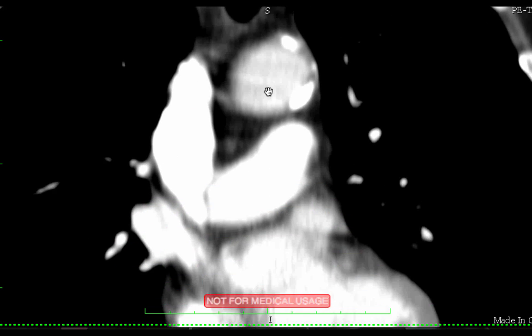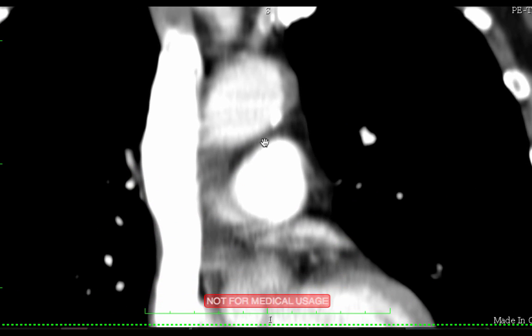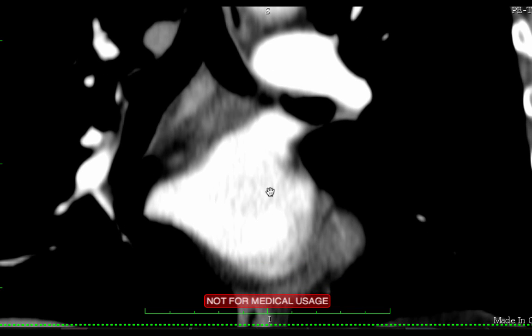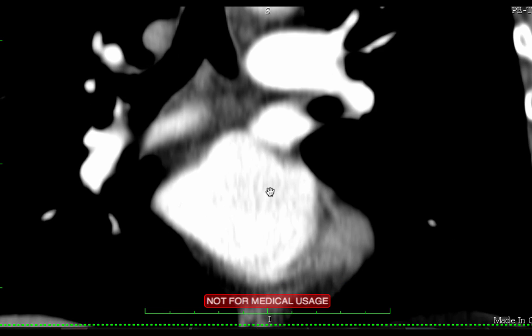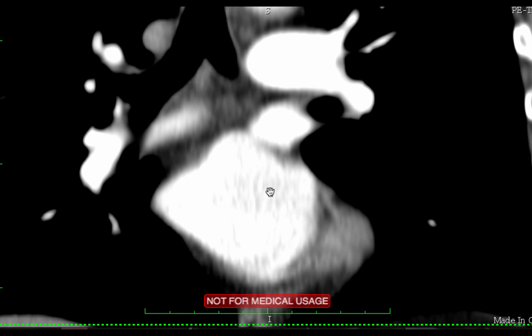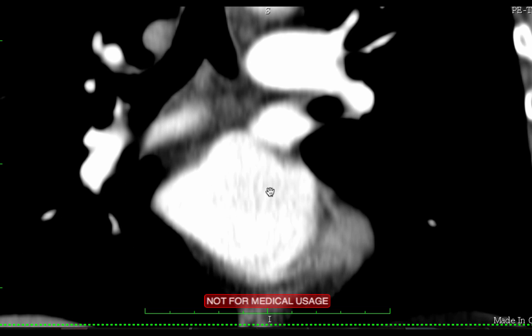All right, now let's look at something else here. Okay, aha, look at this big thing. Now, how do we miss this? What is this big monstrous structure here that's a contrast opacified structure? What that is is the left atrium.